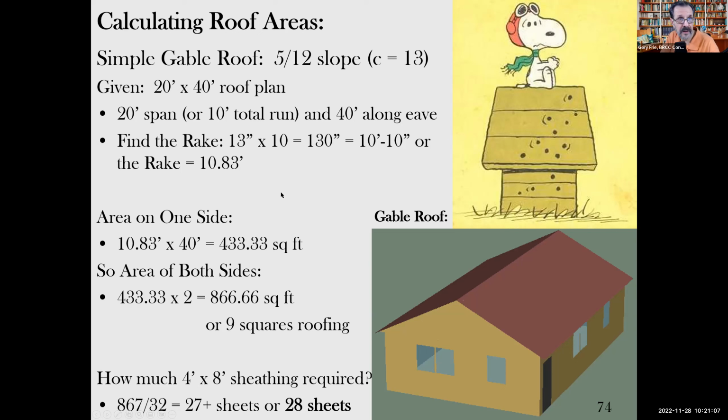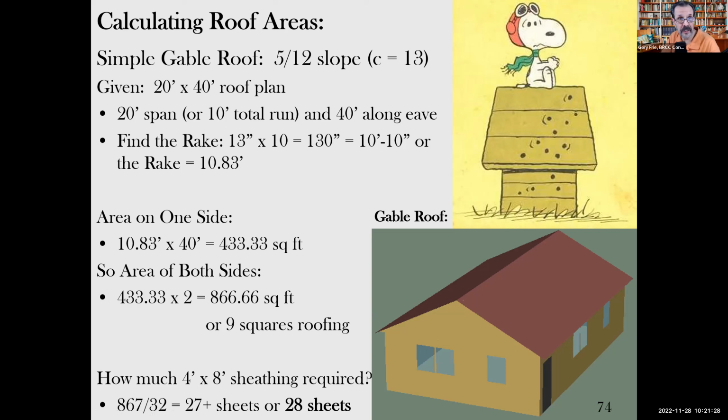So very often, we have some special triangles where you don't need to use a formula to know all three sides of a triangle. And one of those is a 5 in 12 slope. You see that up at the very top of this page: simple gable roof of a 5 in 12 slope.